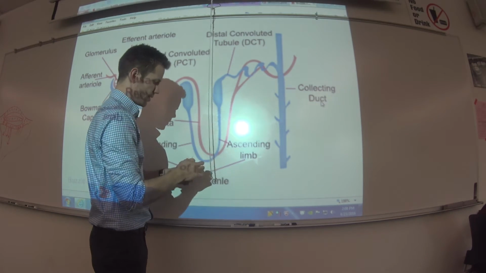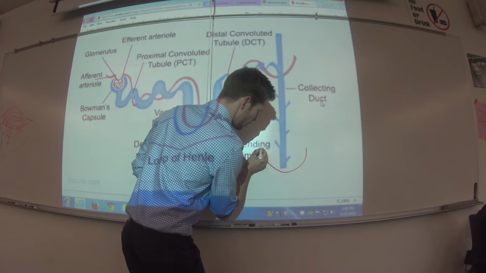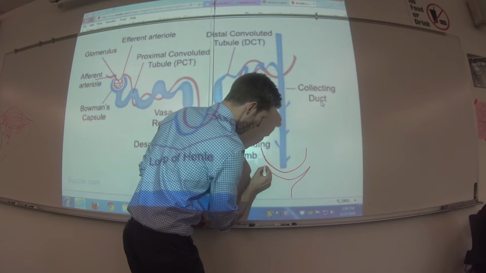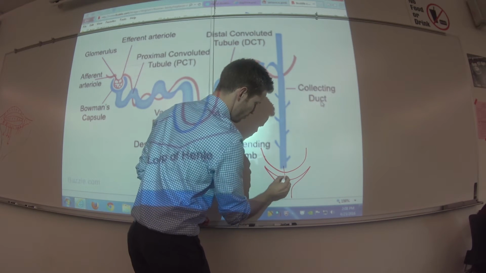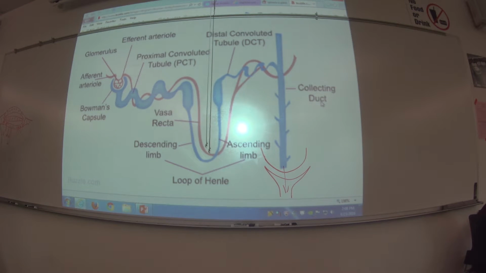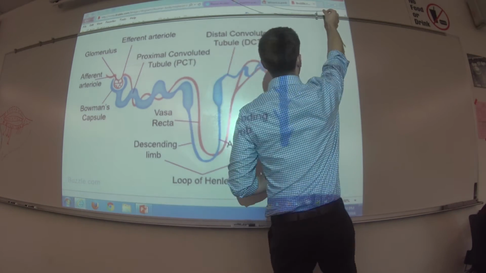So this duct here, the collecting duct, would be at our renal pyramid. And so it would be being captured by that minor calyx. Be going out that way in the kidney in the grand scheme of things. Totally out of proportion. The duct's way smaller than that. But so that's one big modification to it. It's not going back to the venous structure. It's going out into the toilet.